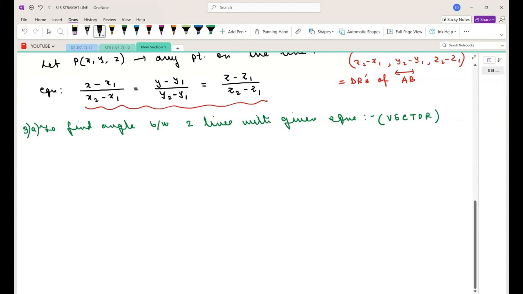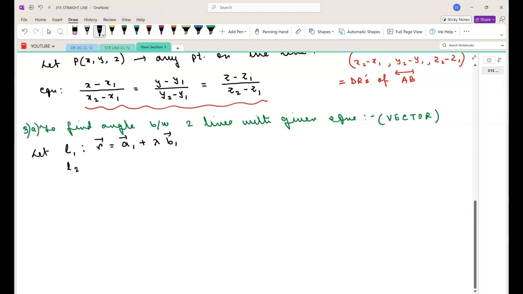Now, let the two lines be, say line L1 is r equal to a1 plus lambda b1, where a1 is the position vector of a point on the line and b1 is the vector to which the line is parallel. That is case 1A that we have done.